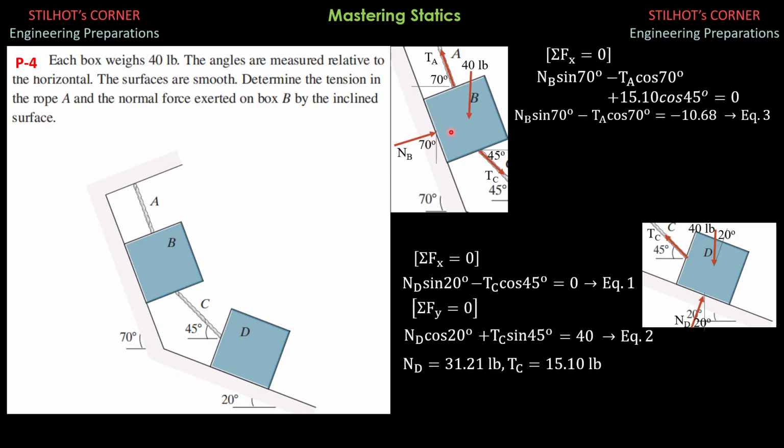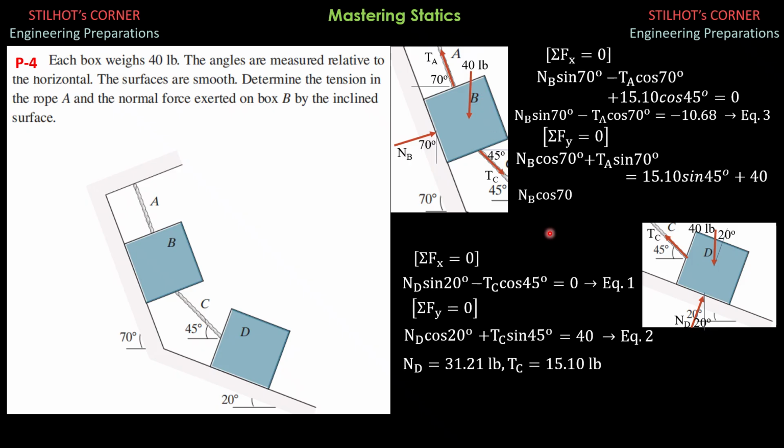Summation forces Y equals 0. NB is upward, so positive NB cosine 70 degrees. Then TA is also upward, so plus TA sine 70 degrees, equals the vertical component of T sub C, 15.1 sine 45, then plus 40.